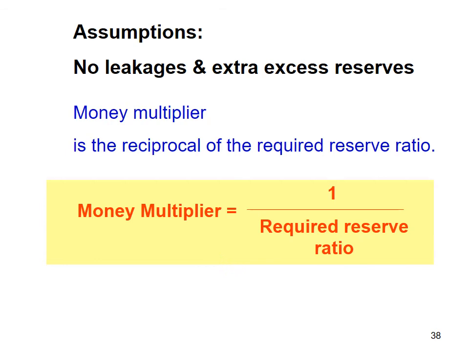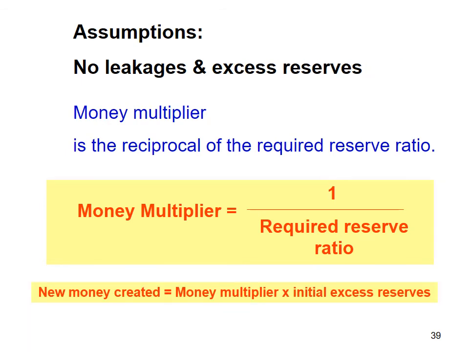That way we can work out a multiplying factor. Now, to calculate new money created, we take the money multiplier that we have calculated and multiply it by the initial excess reserves. That means how much the banking system can lend out in the first instance.